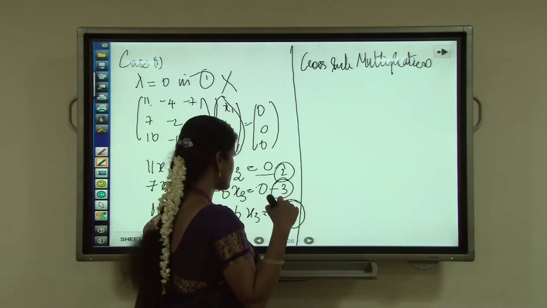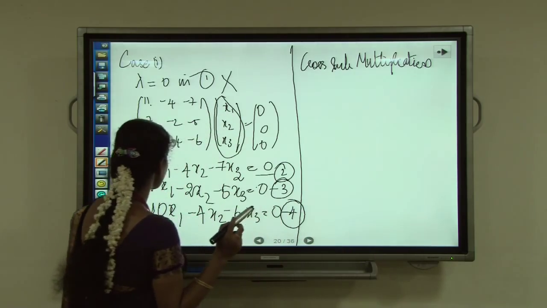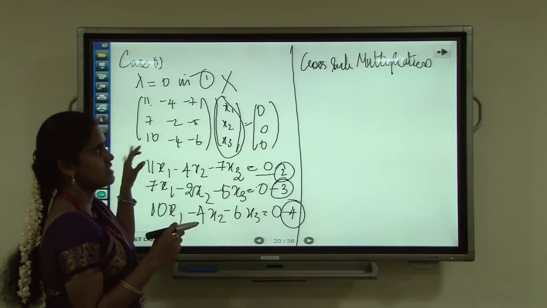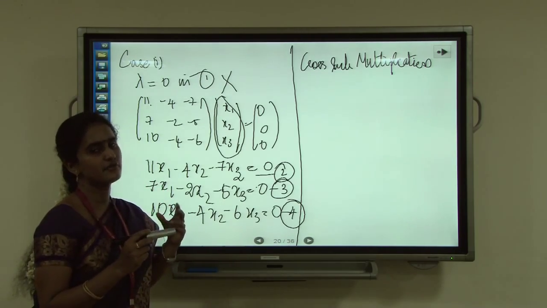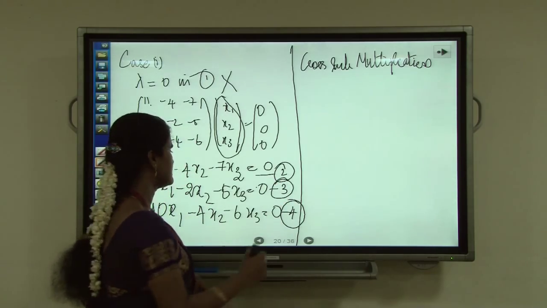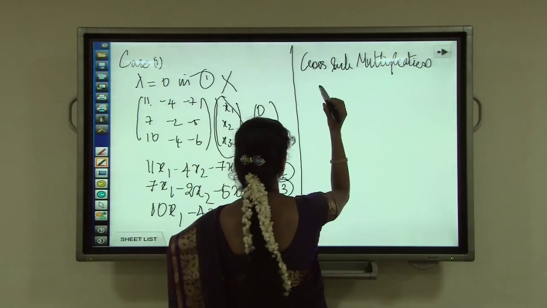What is this cross rule multiplication? In order to find the values of the three unknowns, we have three equations, but for cross rule multiplication it is enough if you have two equations. So let us consider equations 2 and 3. Now listen carefully, how are we going to find the values?